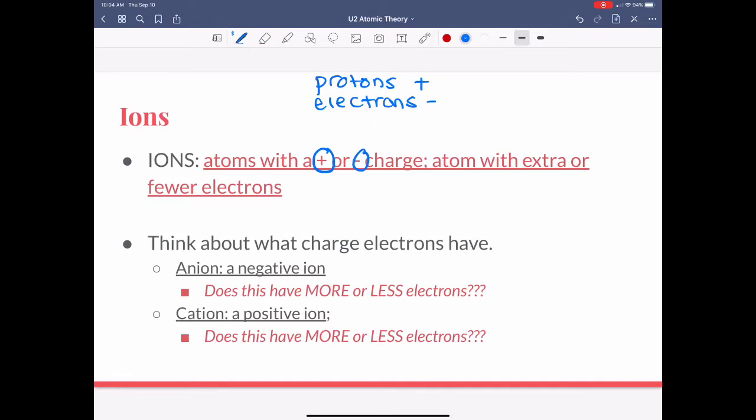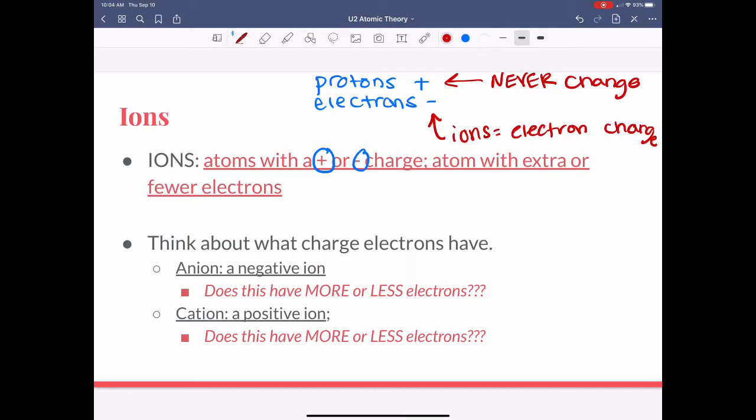We know that our protons can never change. So in order to give our atom charge, what has to change? Electrons in ions. Electrons change and therefore result in a charge on your atom.